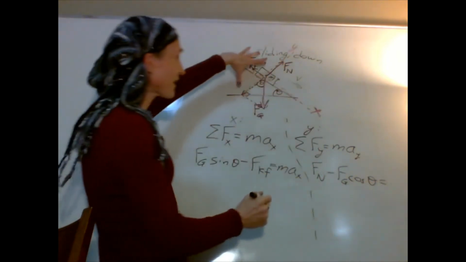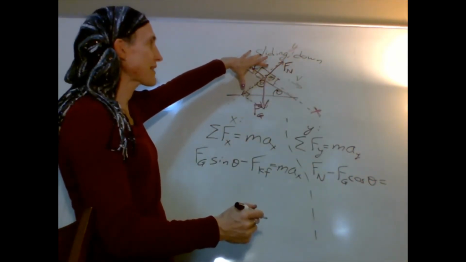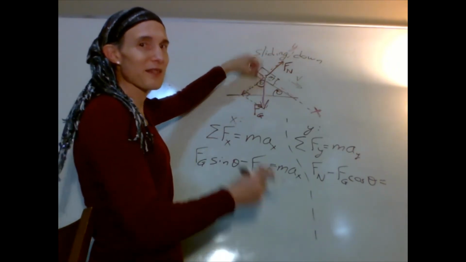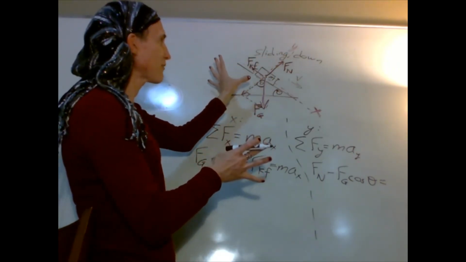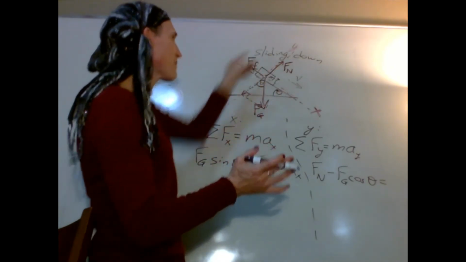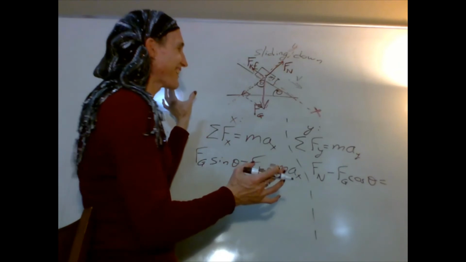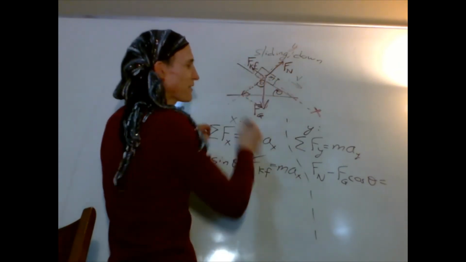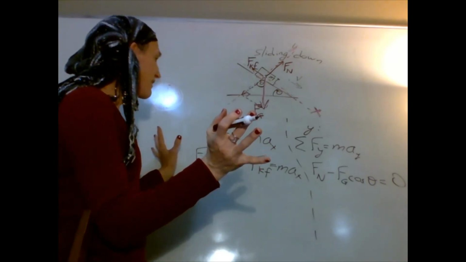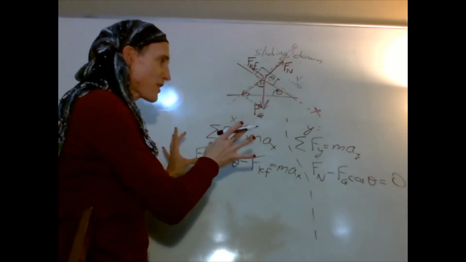And now here, I know from the situation that that acceleration is 0, because this block is not leaving the plane. So this is another bit of physical reasoning. If we know that the block is sliding down the plane, that was part of the initial conditions, it's not jumping off or sinking in, then we know that the acceleration perpendicular to the plane is 0. So that's the setup of those equations.